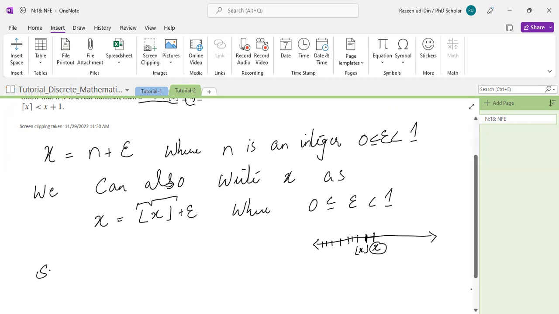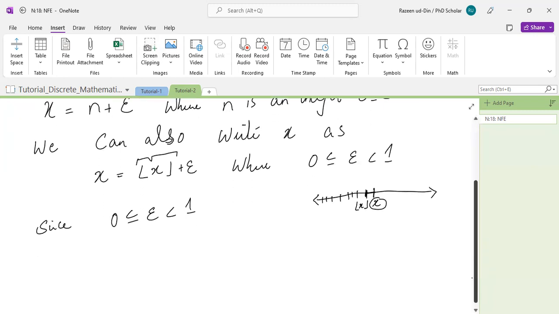Now since our epsilon is in between 0 and 1, and from this equation, we can write epsilon as x minus floor of x. It means we can replace epsilon by this term.